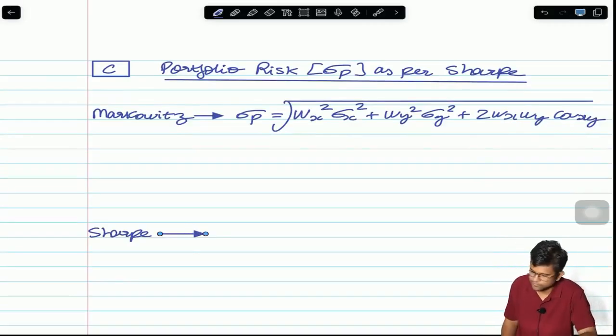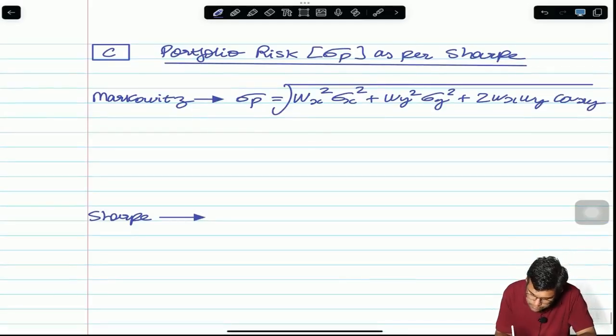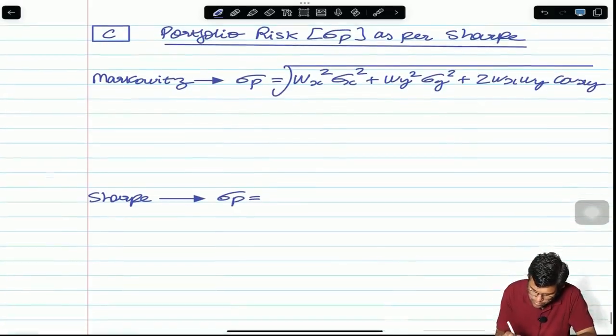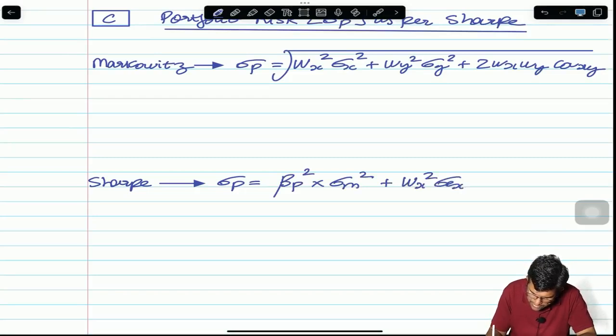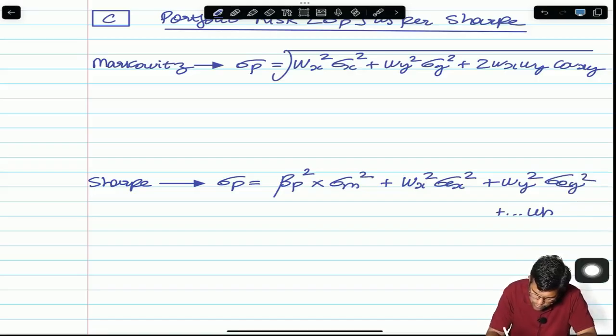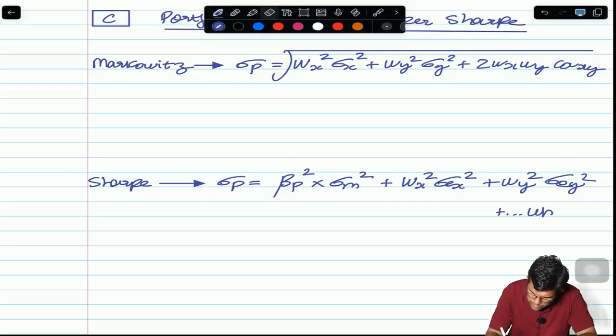Sharpe says sigma p square equal to beta p square into sigma m square plus wx square sigma ex square plus wy square sigma ey square plus and so on up to wn square sigma en square.